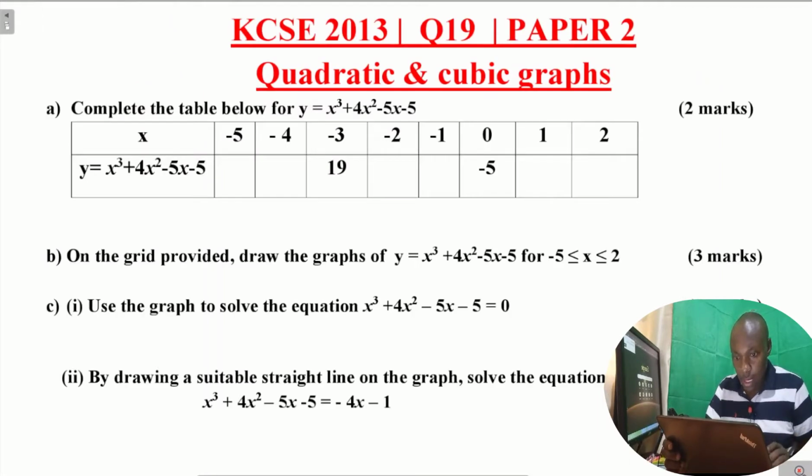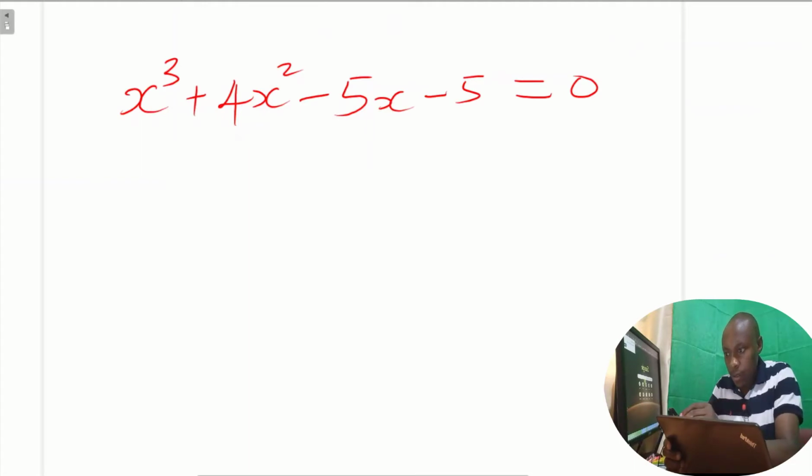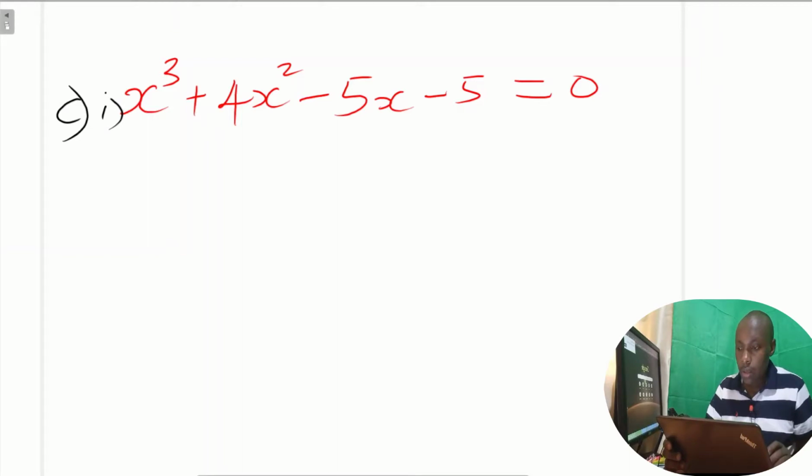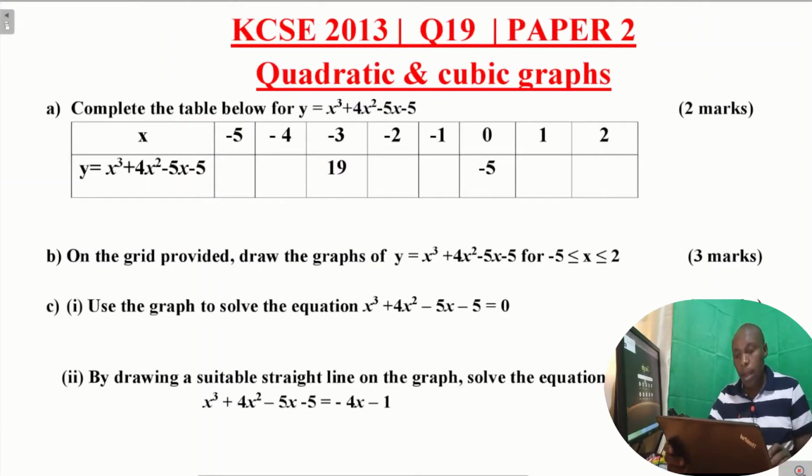So this is question C part 1. How do we use the graph to solve this?